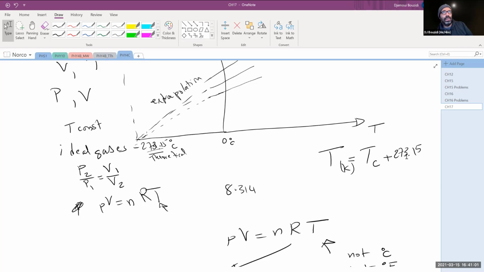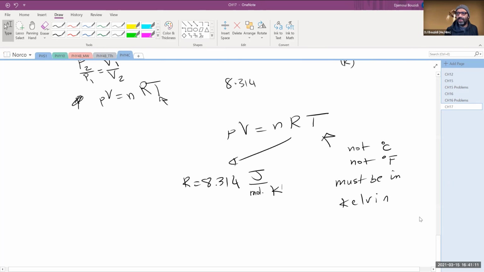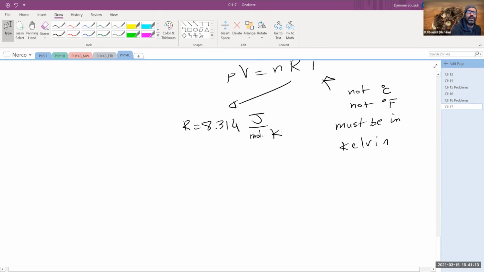It's not because you don't have enough technology, it's because it's a limit that cannot be reached. Okay, so absolute zero is unreachable. Zero Kelvin is unreachable.